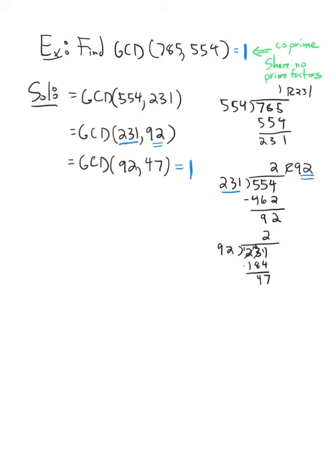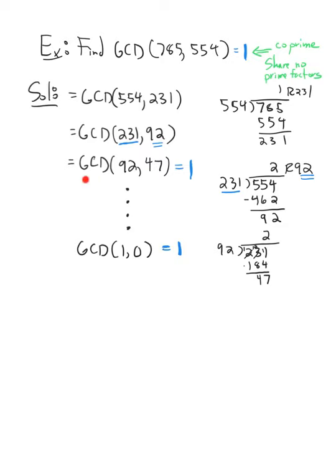I will say, you could continue the calculation. I'm not going to do it, but you will end up with the step where you get the greatest common divisor of 1 and 0, which of course would give you 1. So you could continue this calculation just doing the same process over and over again, and you would end up with this line at the end, and the greatest common divisor would be 1.